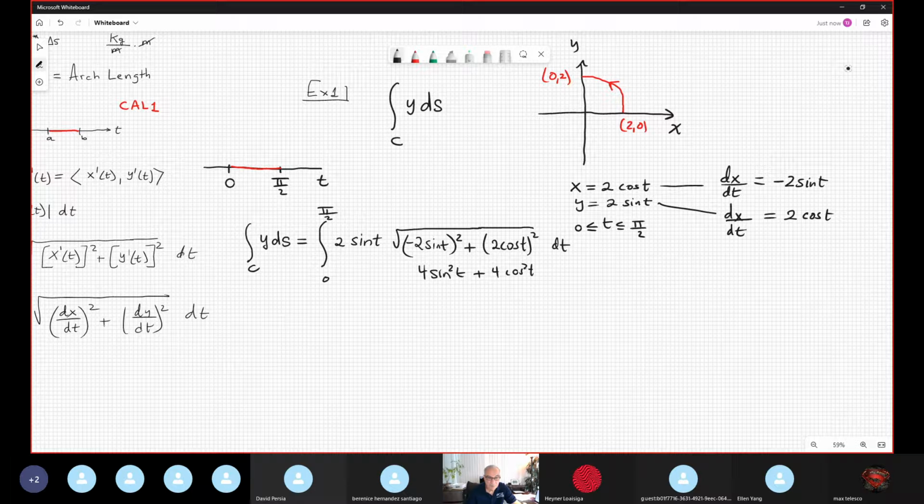You factor out 4, and you have sine squared t plus cosine squared t, which gives 1, the famous trigonometric identity, and the square root of 4 is 2. Actually, my integral now is the integral from 0 to pi over 2 of 2 sine t, and you have an extra 2, which comes from computing the square root of 4, which gives 2. And 2 times 2 is 4.